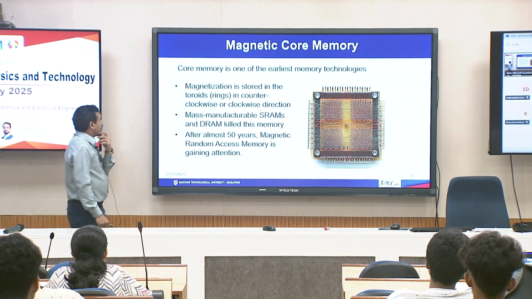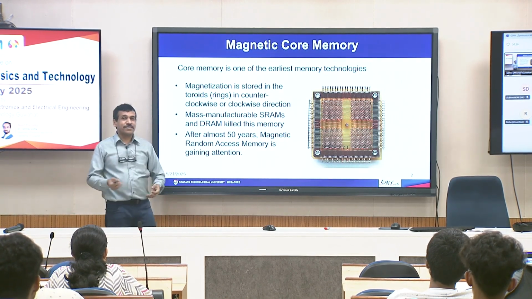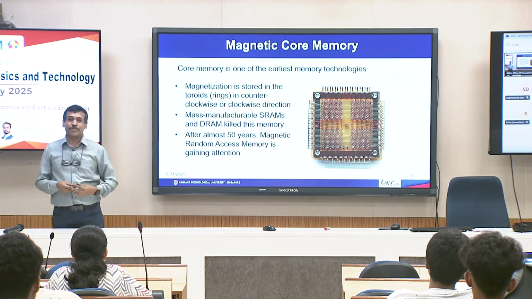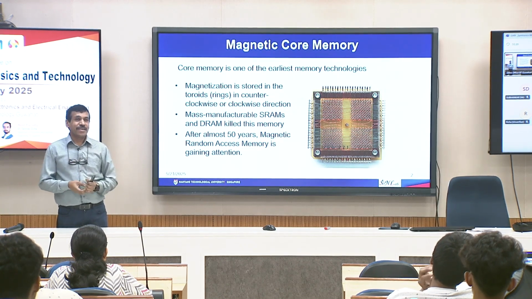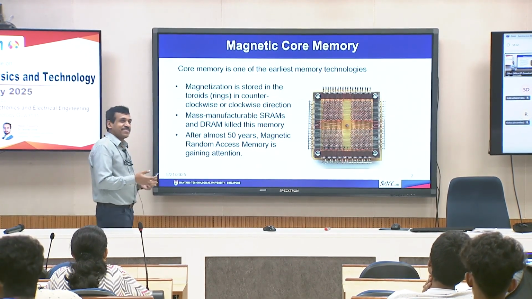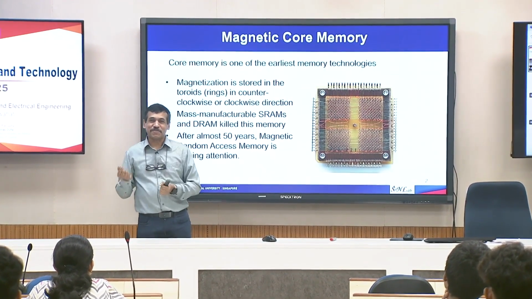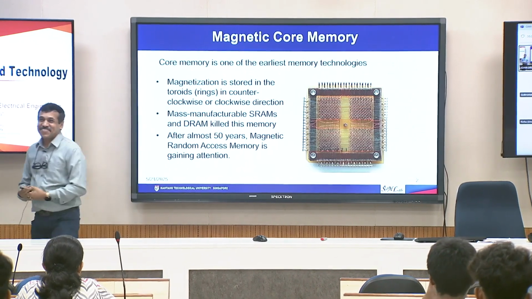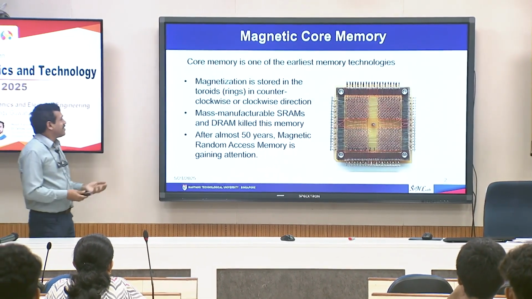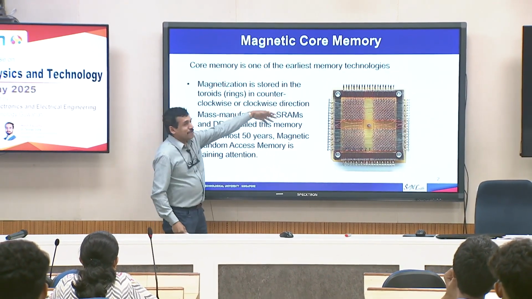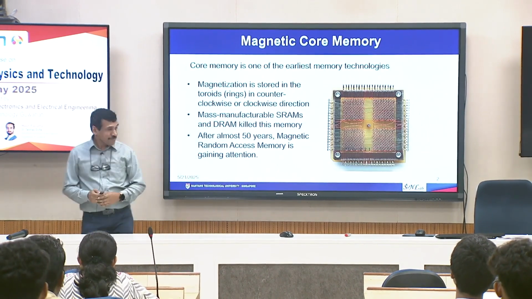Now, after almost 50 years, magnetic random access memory is coming back. Like old Hindi movies of the 1980s, the father gets killed by the villain, then the son comes out to take revenge. So now MRAM is coming up, probably to replace some of these villains.